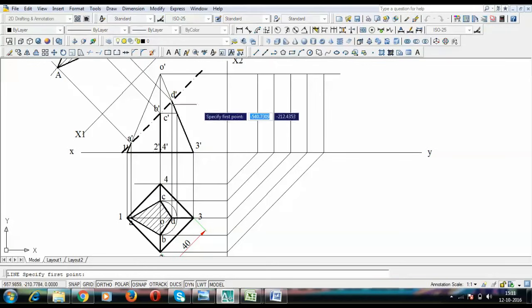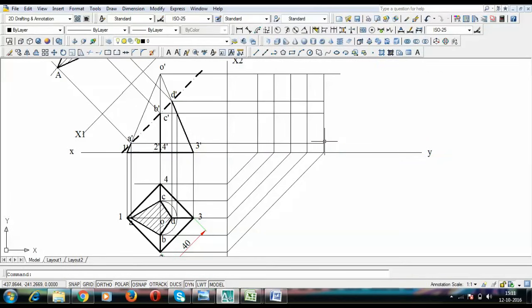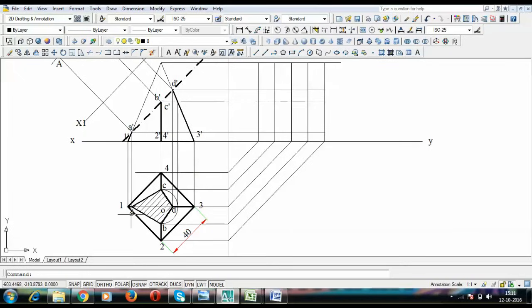Now start drawing horizontal lines, first from C dash, this is D dash, then from B dash and C dash, and finally from A dash. That's it, guys. Now let us see what these intersecting points are. This middle line over here is for point A, and it is going to intersect somewhere here. This is going to be point A double dash.